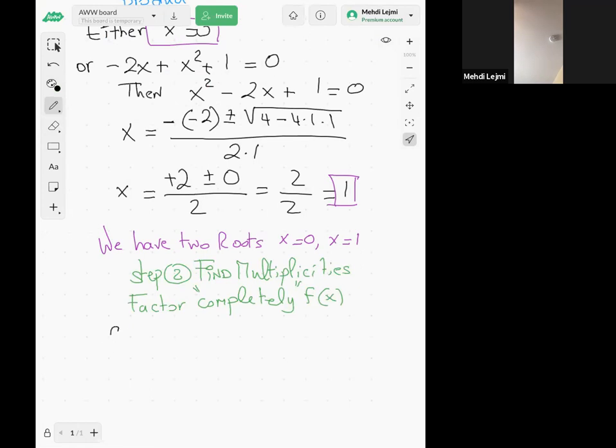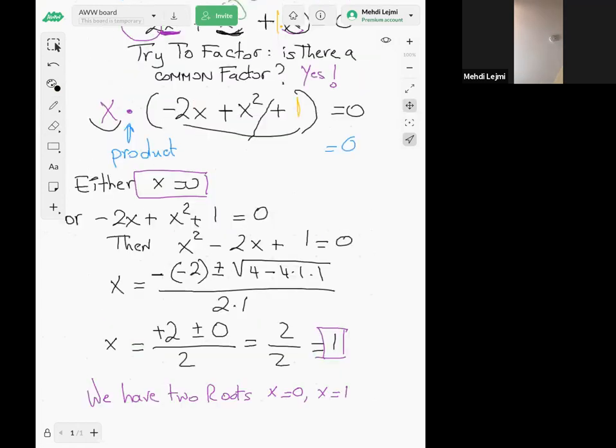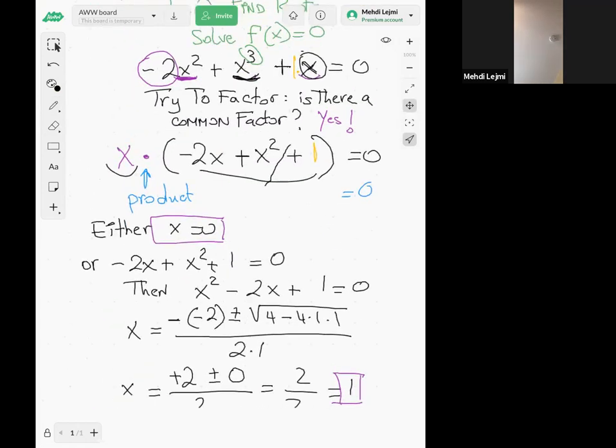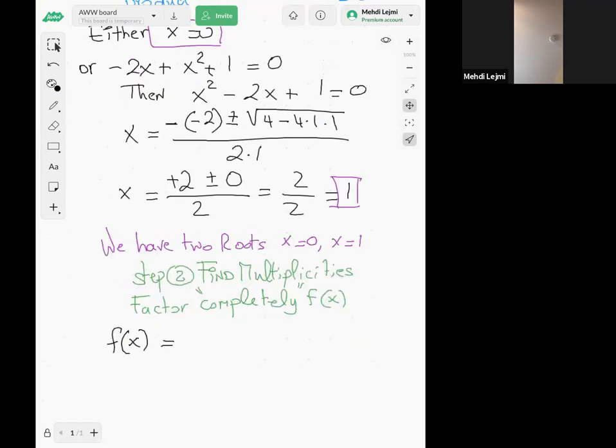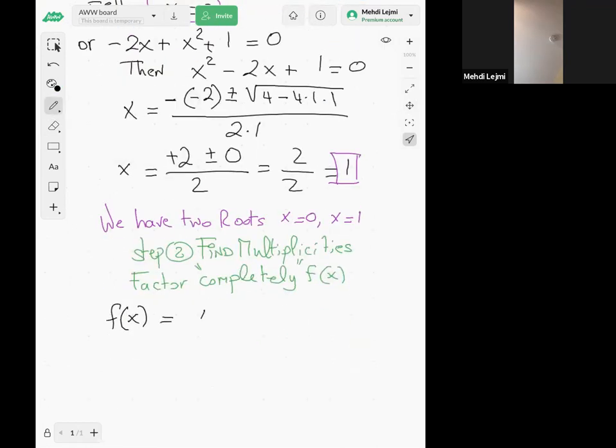Our f of x was x cubed minus 2x squared plus x. I'm going to start with x cubed instead of x squared. So x cubed minus 2x squared plus x. All right, so we said we can factor out x. So it's x times x squared minus 2x plus 1, right?